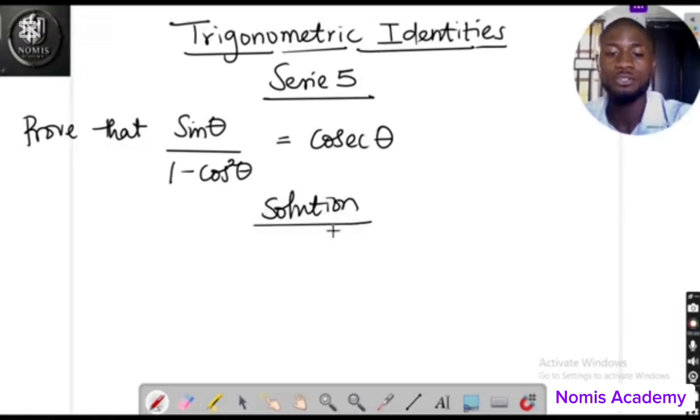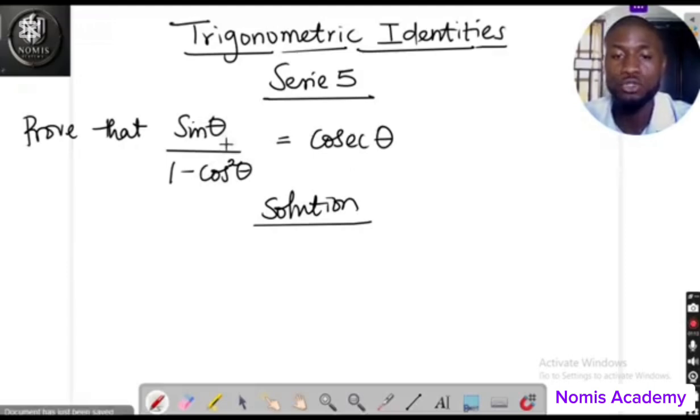How am I going to do this now? We are to make the left hand side of the equation become exactly the right hand side of this equation.